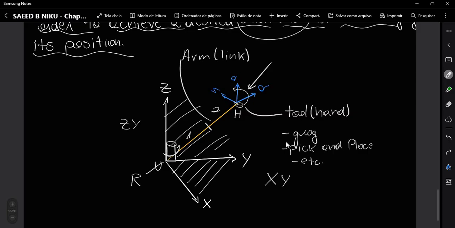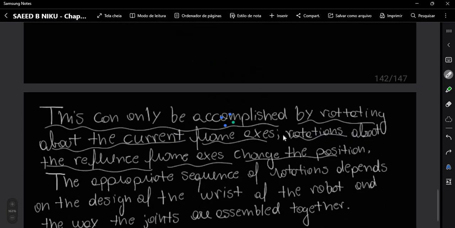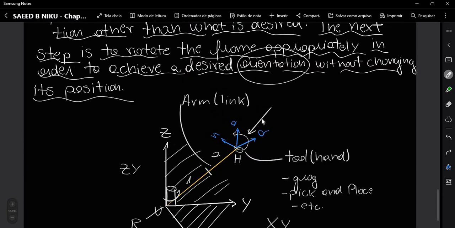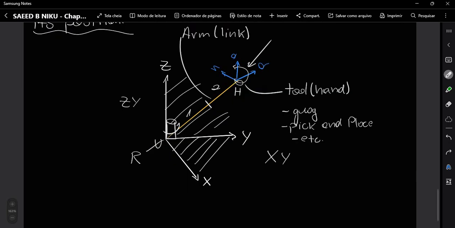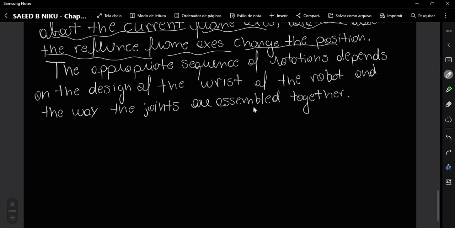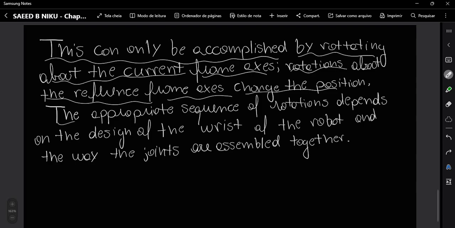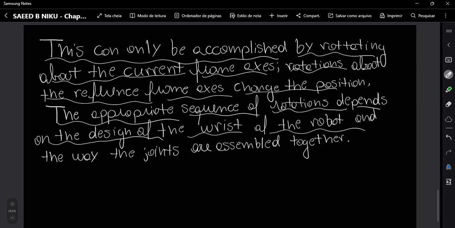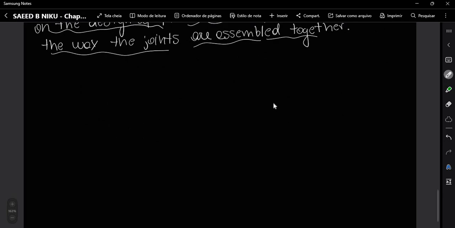So we have to do a transformation of rotation on this current frame, okay, not on this one. The appropriate sequence of rotations depends on the design of the wrist of the robot and the way that the joints are assembled together. So right here we will introduce this concept.